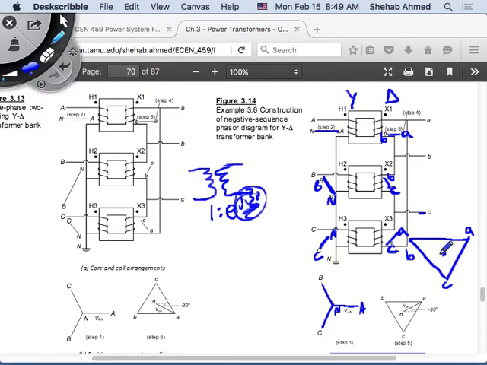So say phase A voltage on the primary is here. It's still with the horizontal. And phase A voltage on the secondary side is here. It makes an angle of 30 degrees leading with the horizontal. That's what you have here as well. Okay?